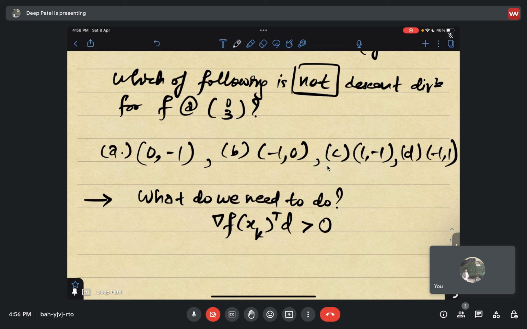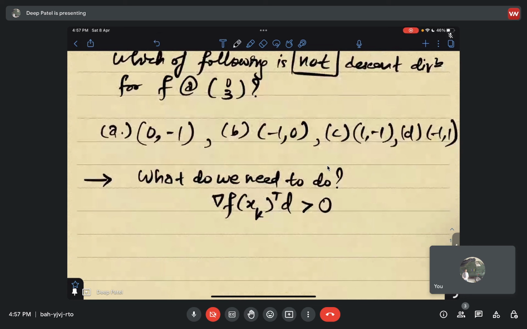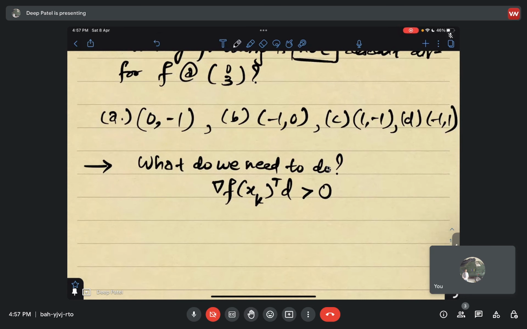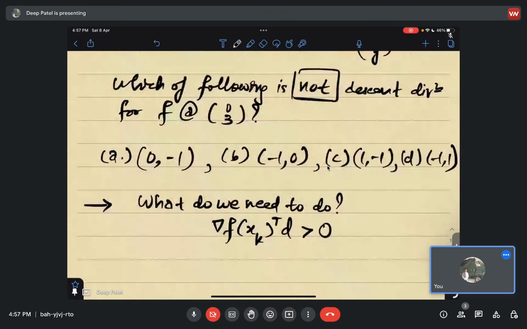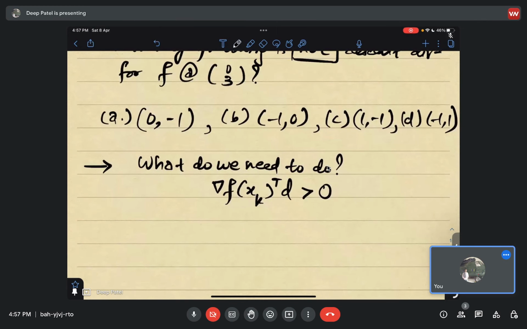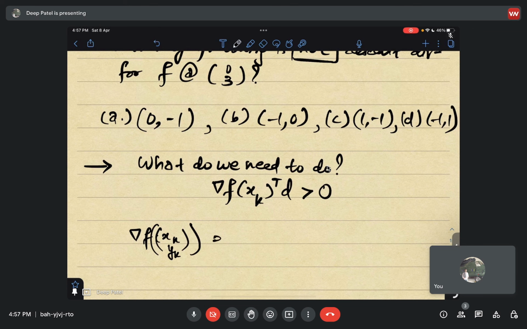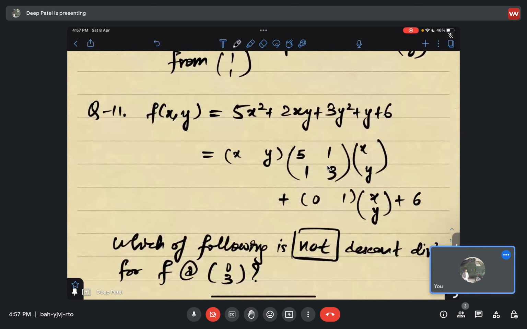Okay, so what is the gradient here? The gradient will be 2qx minus b.